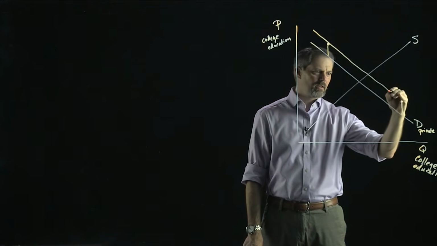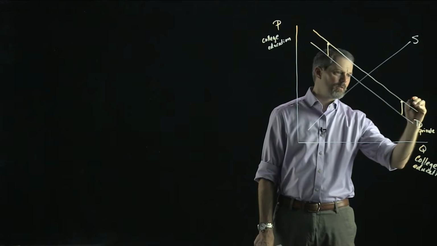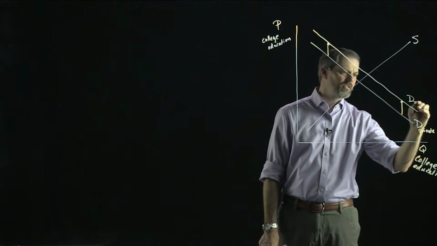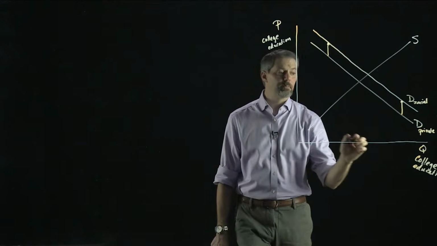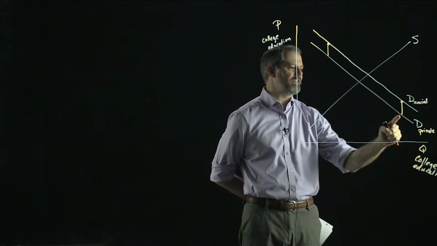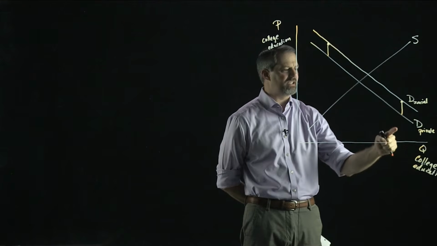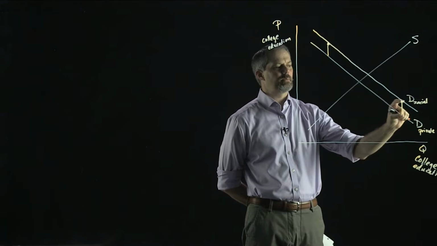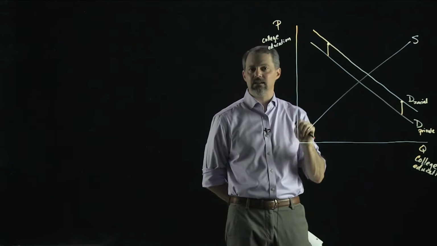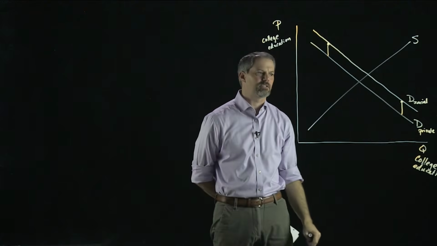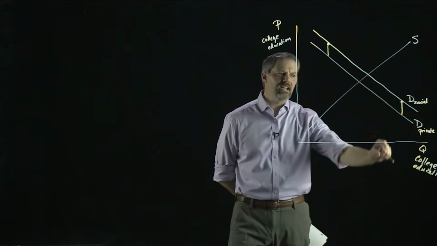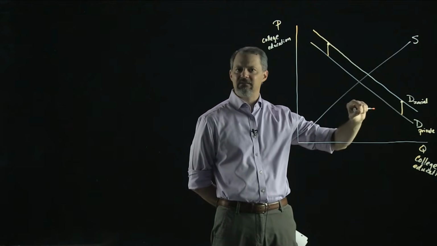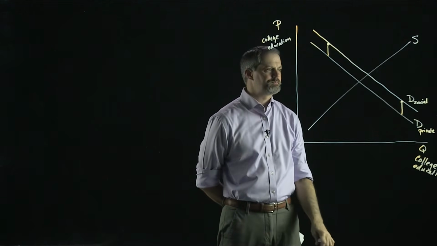So if we were to represent the full benefit, the curve that captures all benefits associated with college education, then we'll call this one D social. That represents all of the benefits that are captured by the private individuals engaged in getting the education, but also the benefit that's captured by society because other people are getting an education. So keep in mind, the benevolent social planner would never ignore that benefit that's going to other people.